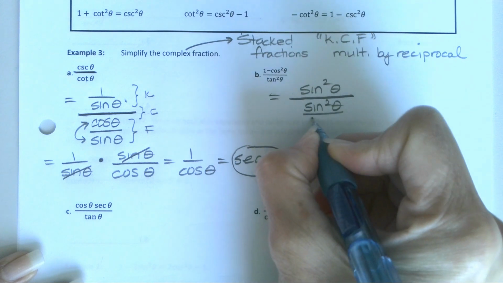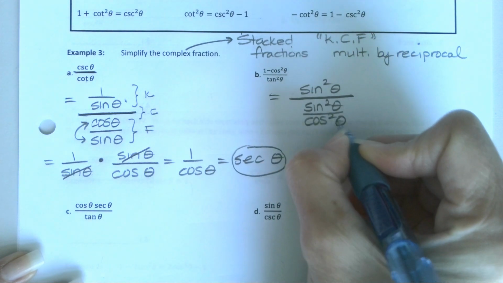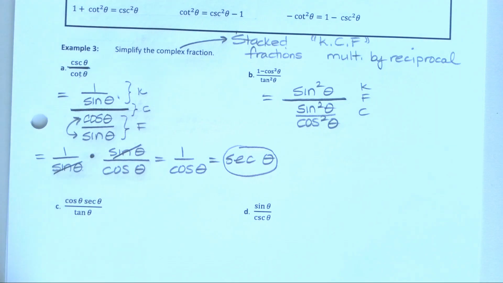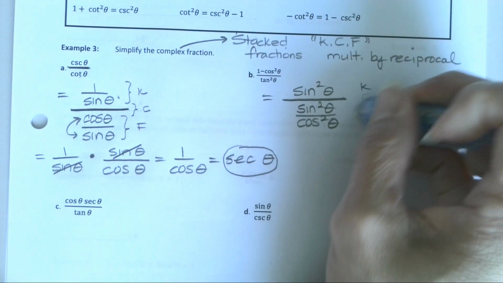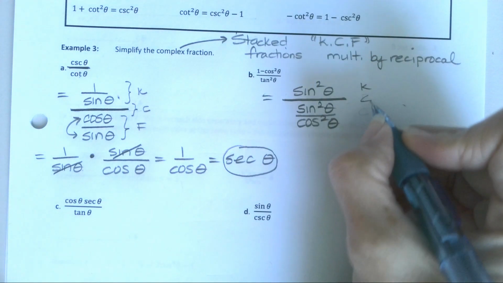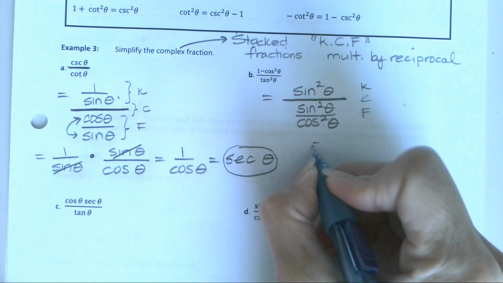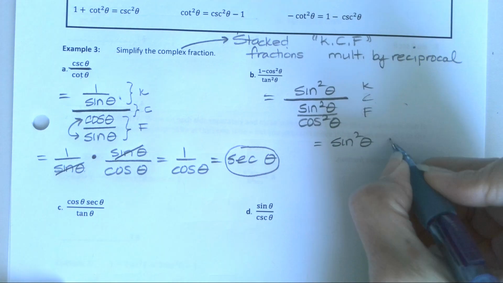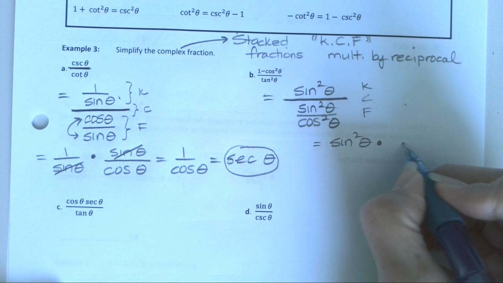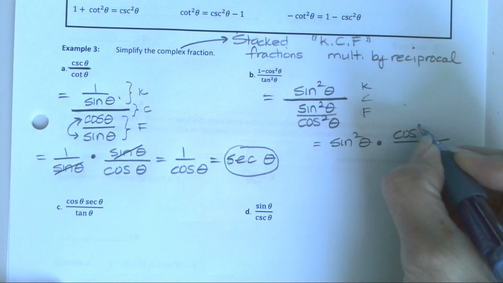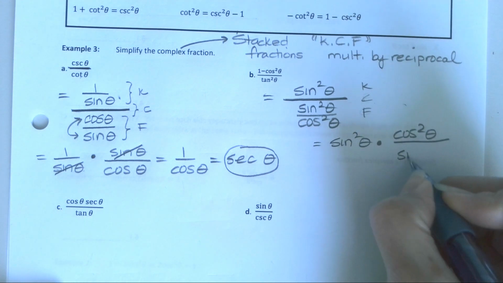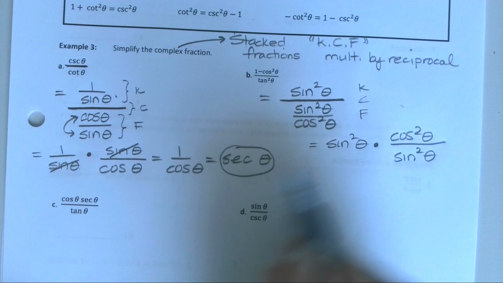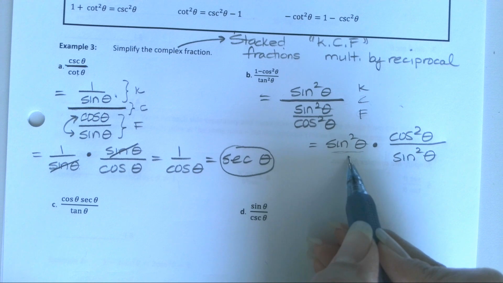Awesome. So everything's broken down now. And once everything has been broken down, we should be ready to keep, change, flip, or multiply by our reciprocal. So we will keep sine squared from Eddie. We will multiply, and then we're going to flip Willow's answer and see if anything cleans up. And thankfully it does, because there's an invisible 1 underneath this.